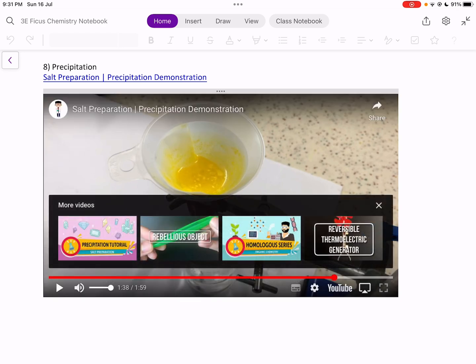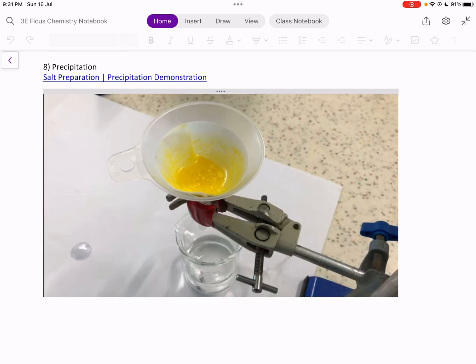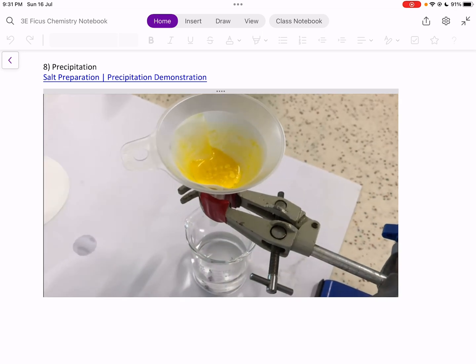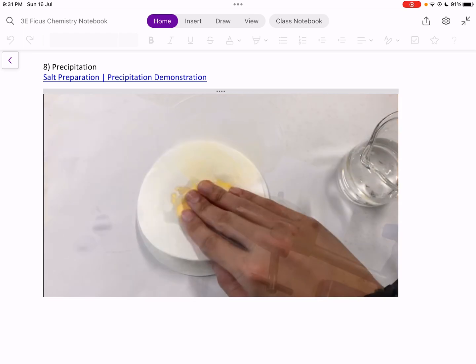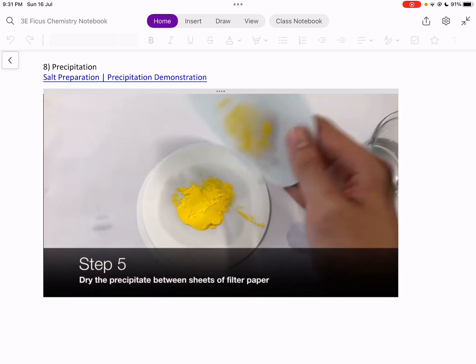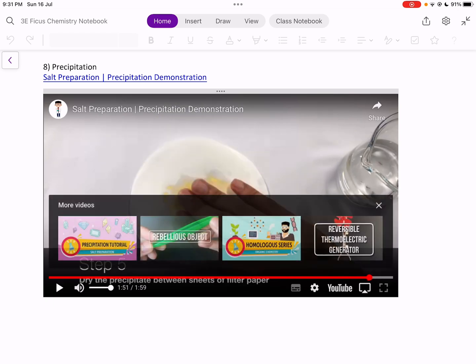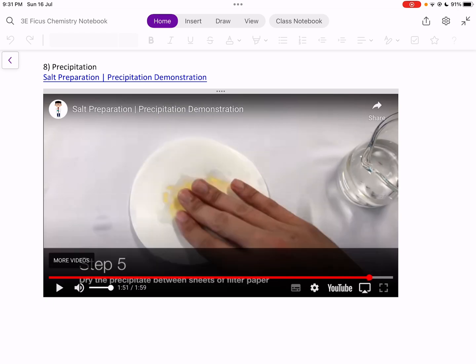After you filter it out, you wash the precipitate with distilled water. And lastly, pat dry between pieces of filter paper.